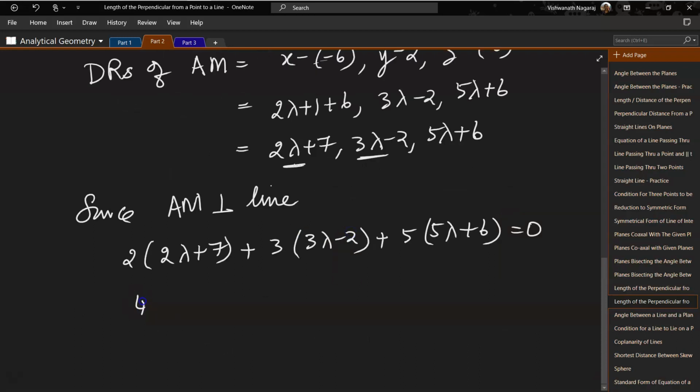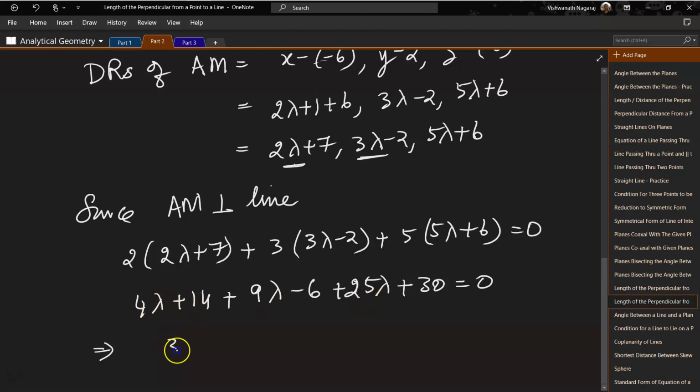So now 4 lambda plus 14 plus 9 lambda minus 6 plus 25 lambda plus 30 is equal to 0. Okay, 4 lambda plus 9 lambda is 13 lambda. 5 times 5 is 25. So 9 plus 4 is 13, plus 25 is 38 lambda.